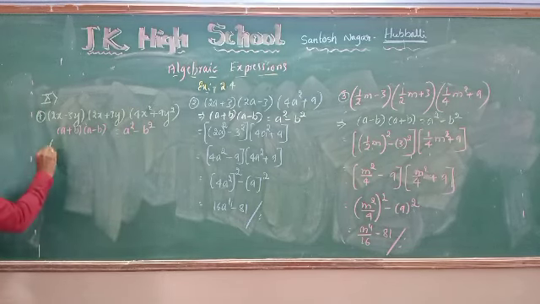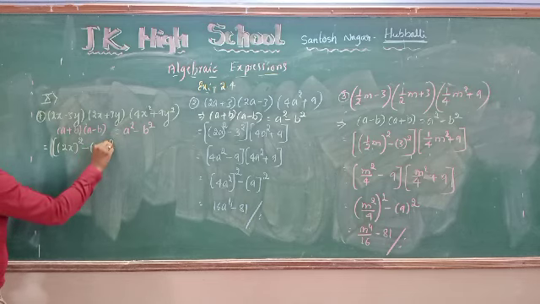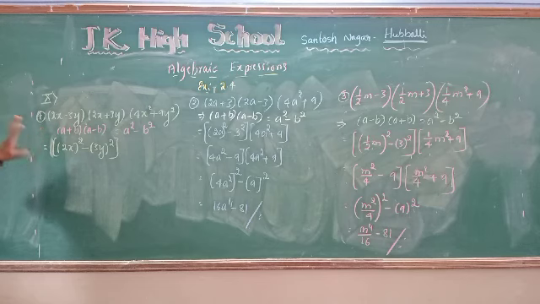Now tell me what is the a value? 2x the whole square minus 3y the whole square. Already people know how to write the formula and how to simplify. Correct? So a value is 2x and b value is 3y. A square minus b square.